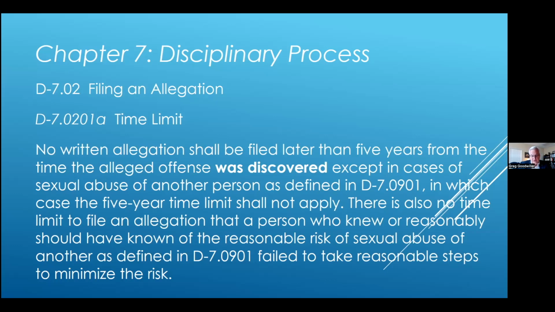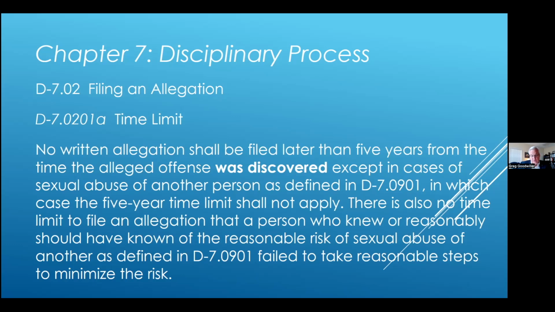But to be clear about what I just said, after we say the 5 year time limit, it says, except in cases of sexual abuse of another person as defined in 70901, in which case the 5 year limit shall not apply.